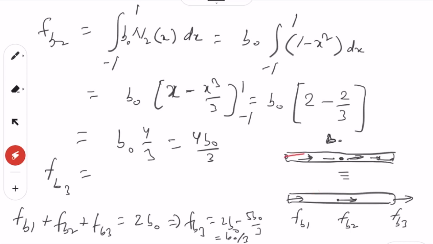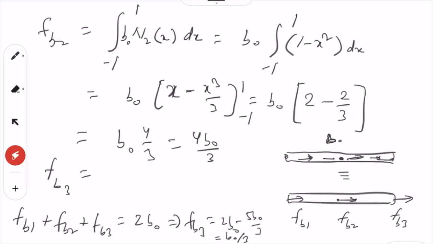The continuous B, which is constant throughout this length, is actually put at only 3 points. One part will come here, second part here, third part here, but the total force will be equal to the actual total force due to this distributed load.